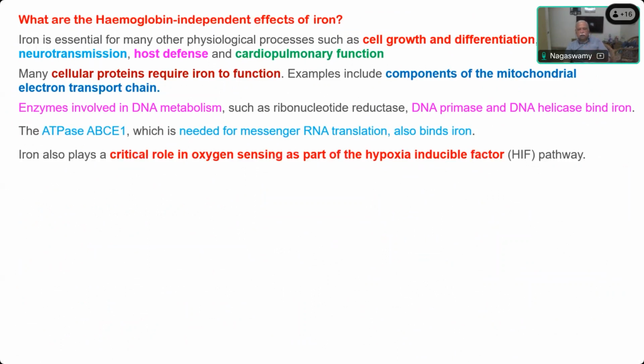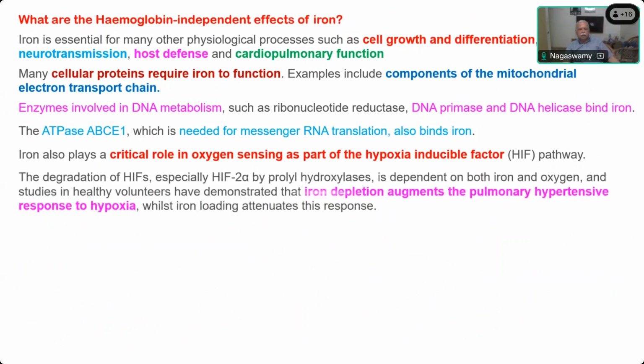So for that hypoxia inducible factor to be doing its role as an oxygen sensing agent, iron is very important. And degrading of hypoxia inducible factor by the enzyme prolyl hydroxylases is dependent both on iron and oxygen.